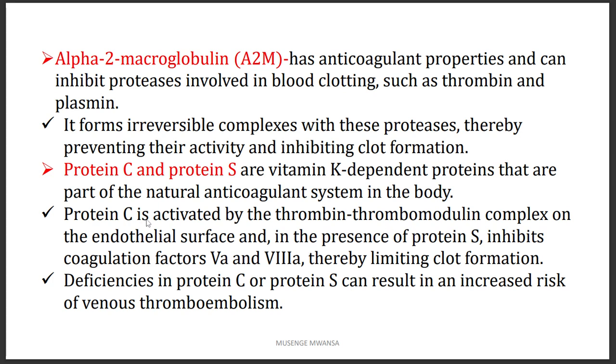And when the thrombin-thrombomodulin complex is activating protein C, that is going to happen in the presence of protein S. And when these are activated, they are going to inhibit coagulation factors 5A and 8A.